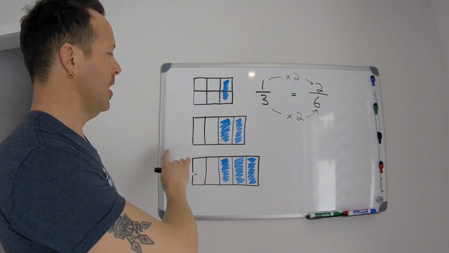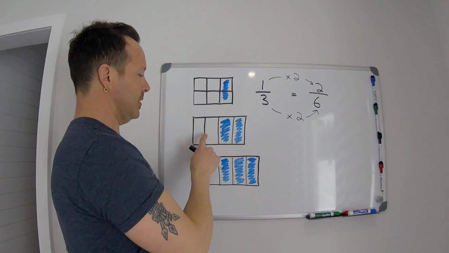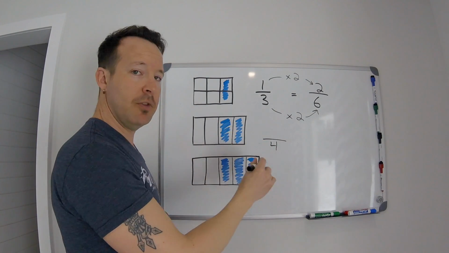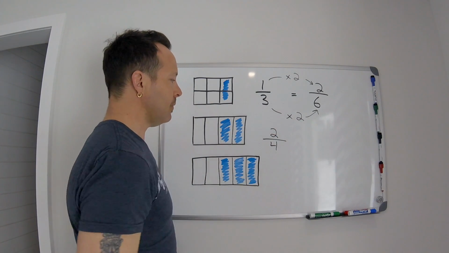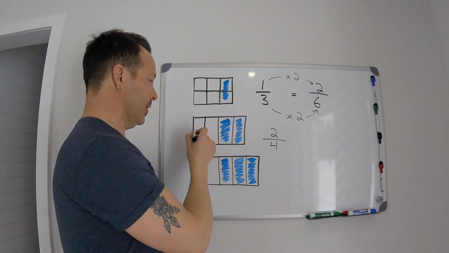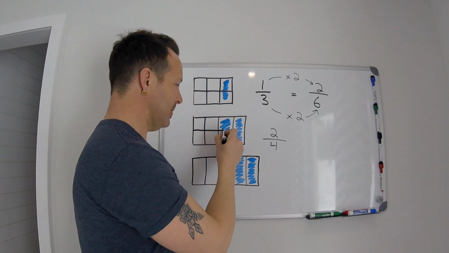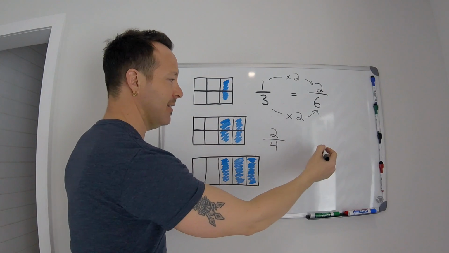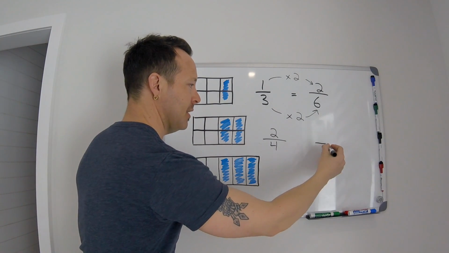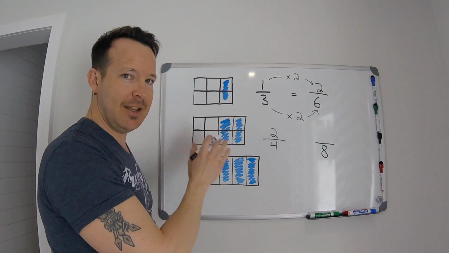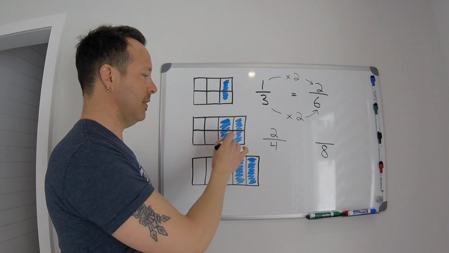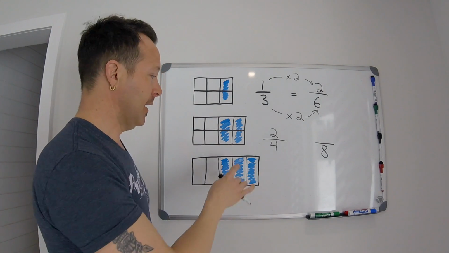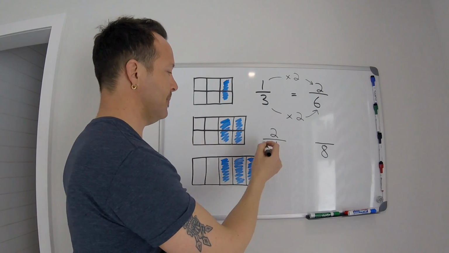Let's look at this one here. This fraction represents 1, 2, 3, 4 is our denominator, and 2 of those pieces are shaded in. But we're going to divide this in half. We're going to cut it in half again, giving us 1, 2, 3, 4, 5, 6, 7, 8 new pieces. Now remember, it's the same amount, only the pieces are different because I cut them up smaller, but they're all cut up into equal sizes.